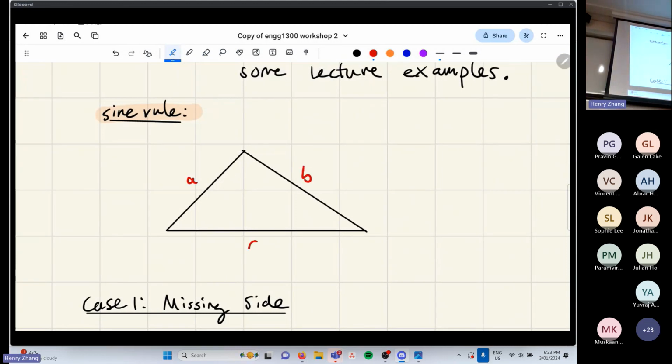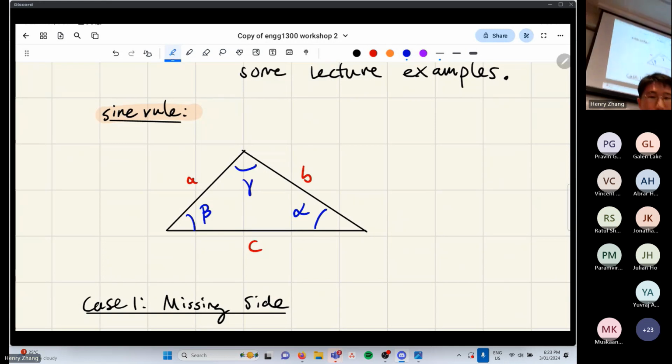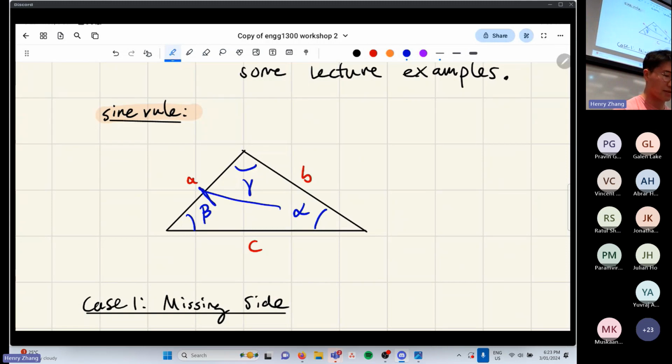Let's call the sides lowercase letters A, B, C. And we'll call the angles alpha, beta, and gamma. And that just corresponds to the one across from it.